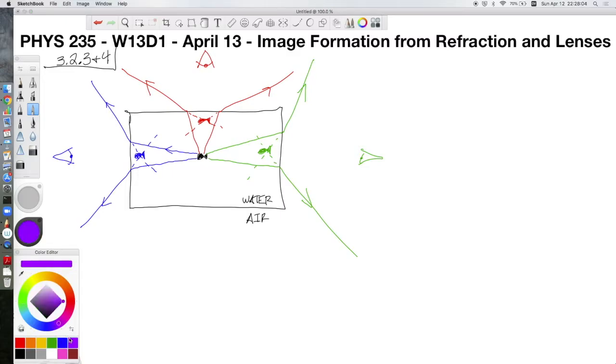And an interesting phenomenon here is if we put our viewer over here looking from the corner of the fish tank, well, this viewer can see both this red ray right here and this green ray right here. So this viewer will actually see two of the fish, one through the top side of the tank and one through the right side of the tank.